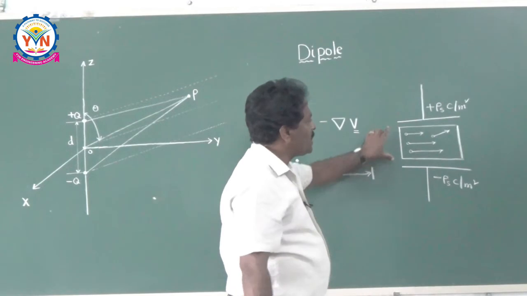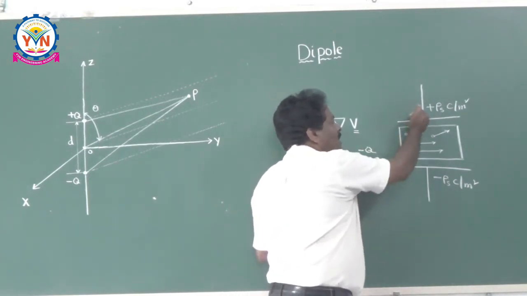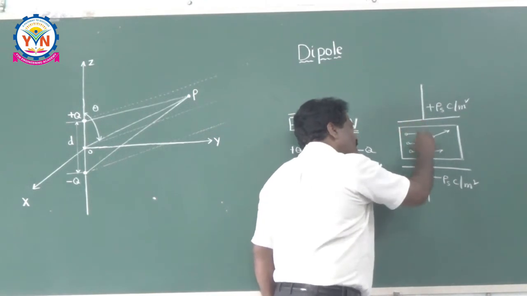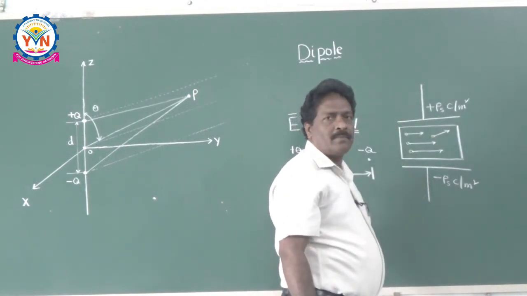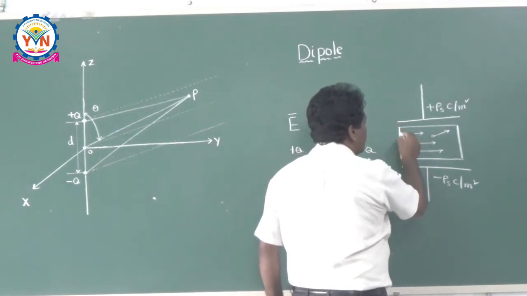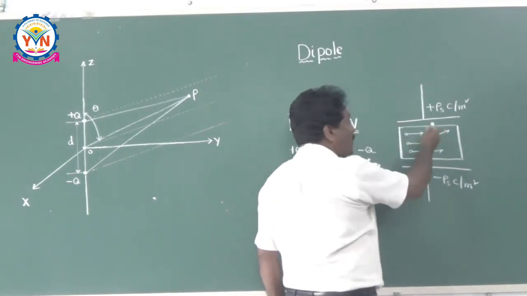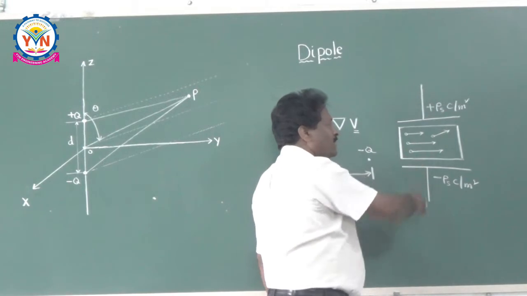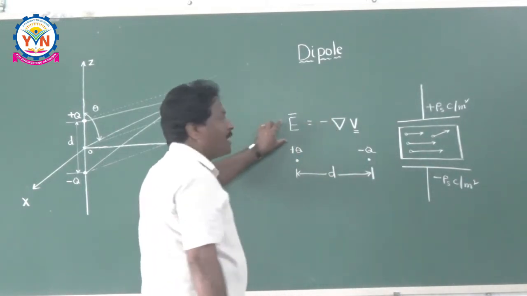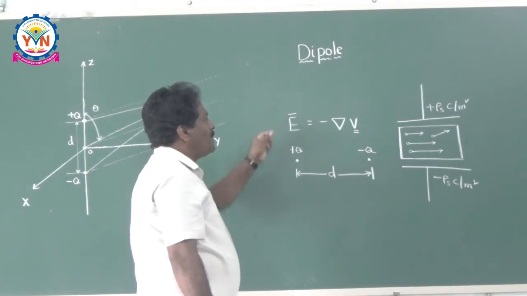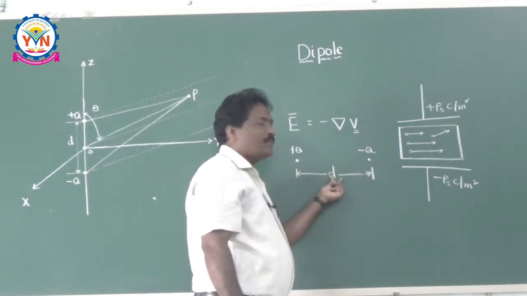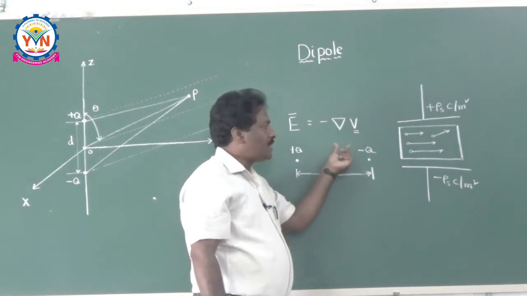And in the last class I told you, the field outside of the plates is 0, whereas the field inside the plates is maximum. And that is the reason, if you understand the dielectric material in this class, you can discuss the concept of the capacitor also. So that's why, a dipole means two equal and opposite charges separated by some distance d.